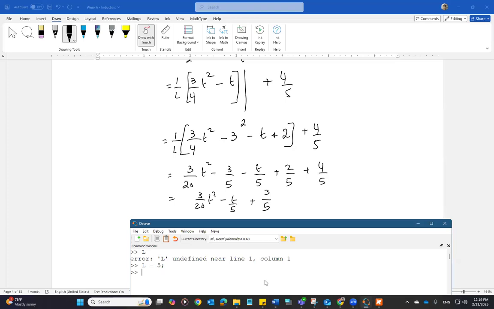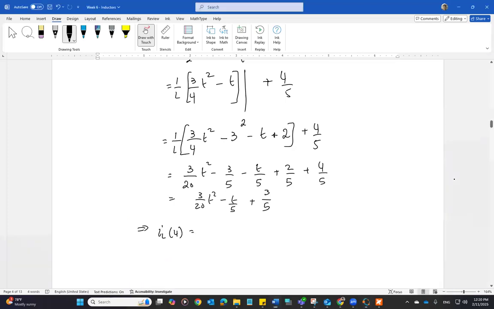So IL at 4 seconds is 3 by 20 times, oh, I didn't define T. T is defined for 4. So IL4 is 3 by 20 times T squared minus T over 5 plus 3 by 5.